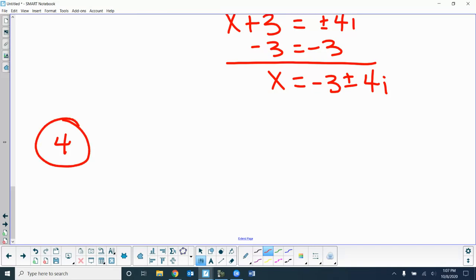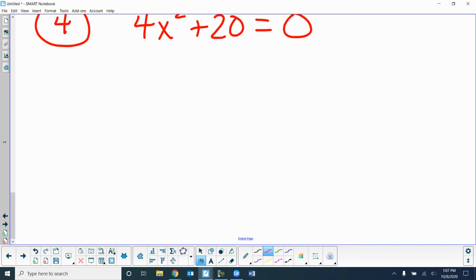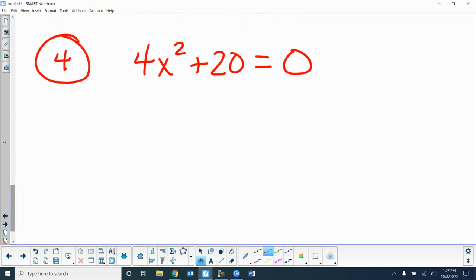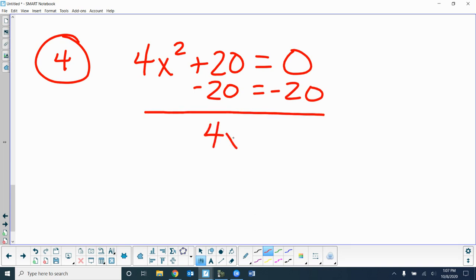Number 4, 4x squared plus 20 equals 0. Ashton, what do we do first? Good. You want to get that x squared alone. A lot of kids make a mistake right here, because you can take the square root of 4x squared and get 2x, right?